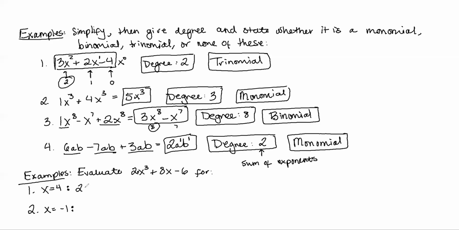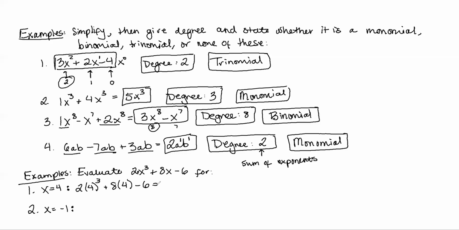So 2, and this is kind of the safest way to do it because you're going to have negatives to work with sometimes. Always plug your number into parentheses. It's just going to avoid some kind of potential mistakes, especially when you have negatives. Plus 8 times x, so 8 times 4, minus 6.